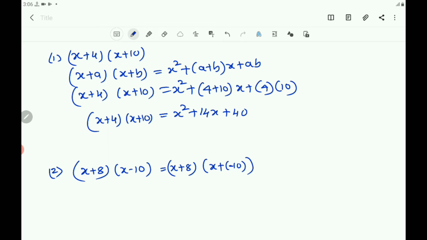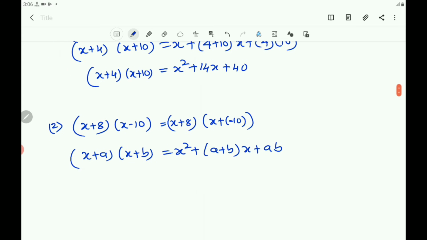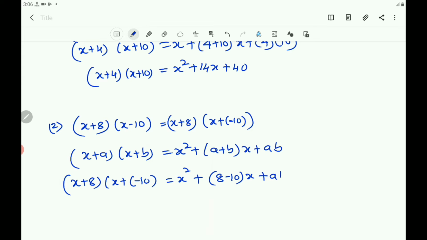Then you write the identity (x + a)(x + b) equals x square plus (a + b)x plus ab. Then (x + 8)(x + (-10)) equals the square of the first term, x square, plus a, which is 8, plus minus 10, that is 8 minus 10, into x plus ab.